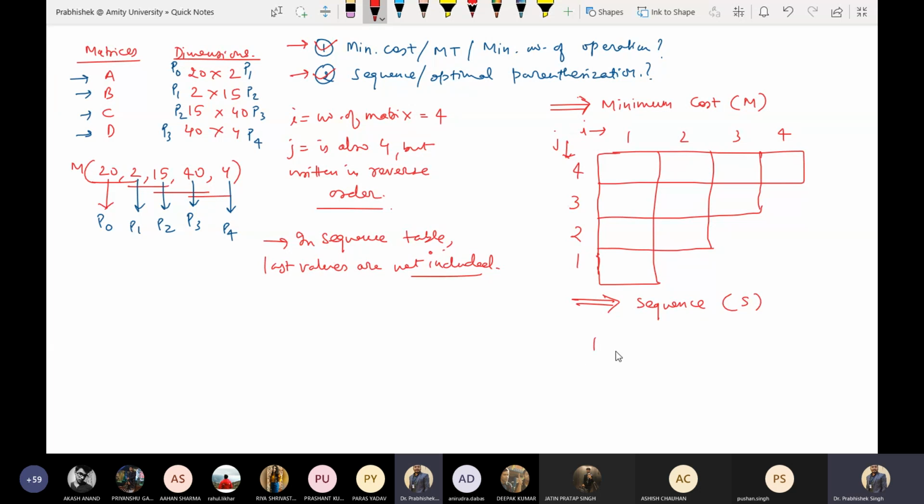The total number of matrices will be 4, but the last values are not included, so I will write 1, 2, 3, and then 4, 3, 2.